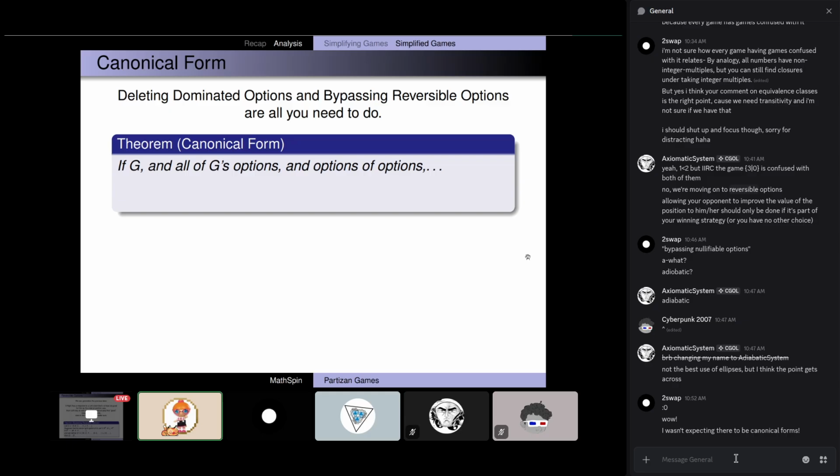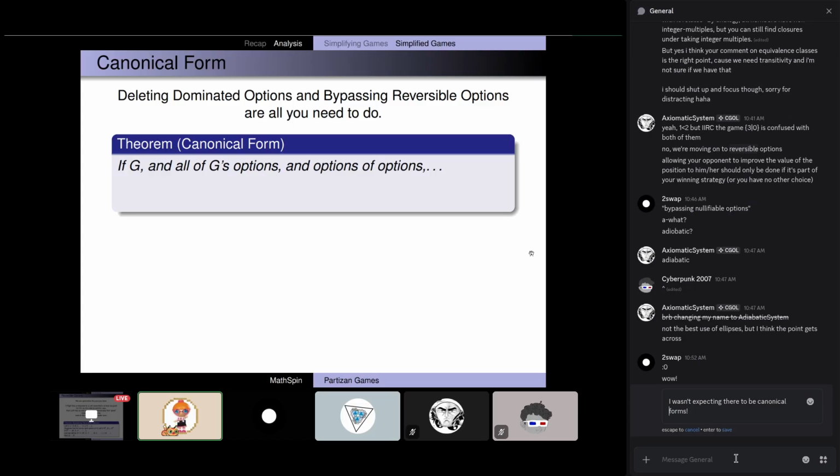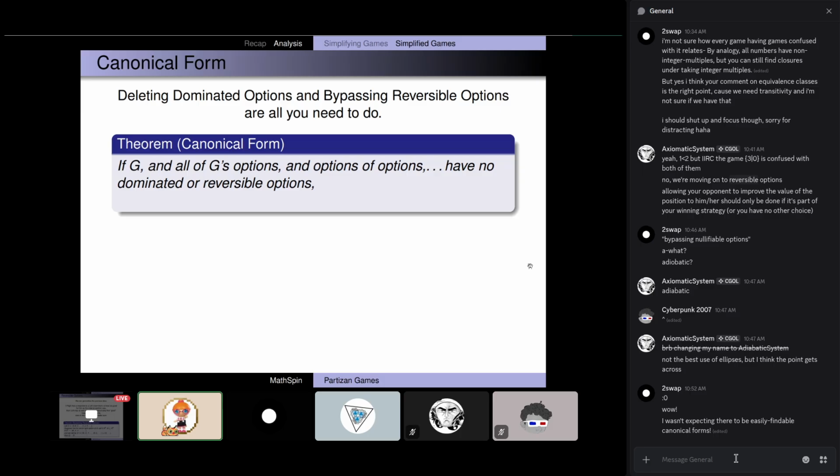If G, and this other condition is extremely important, you need to go recursively to all of G's options and the options of the options, etc. If all of those have no dominated or reversible options in the sense of the previous two theorems, and the same thing is true for H, then if they're equal, they're identical.